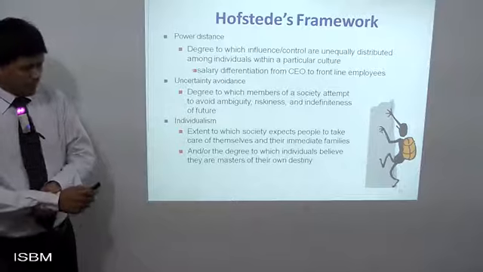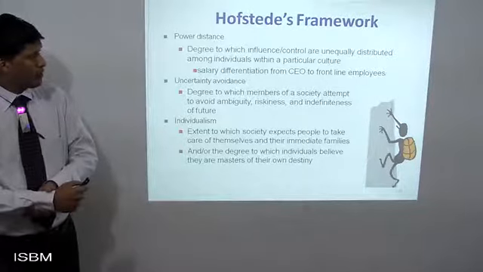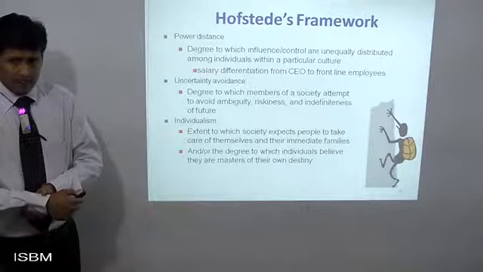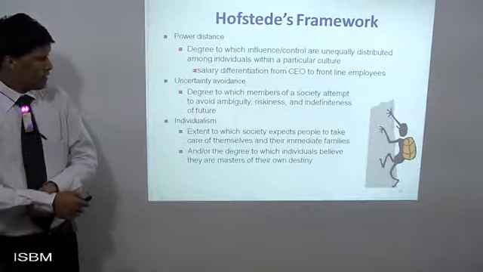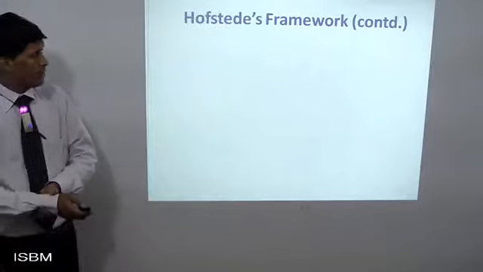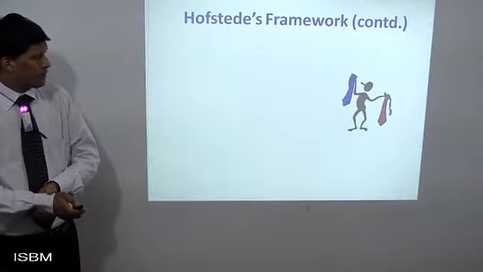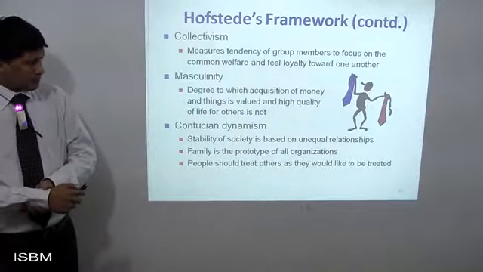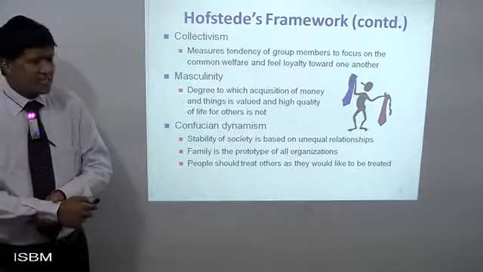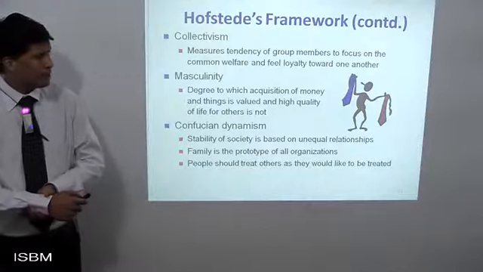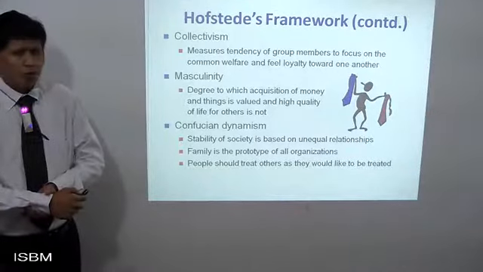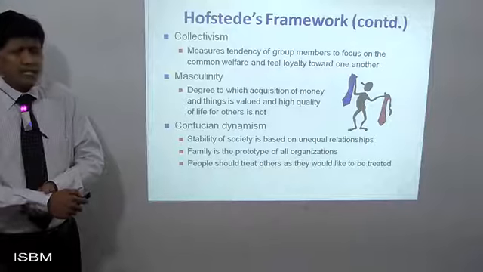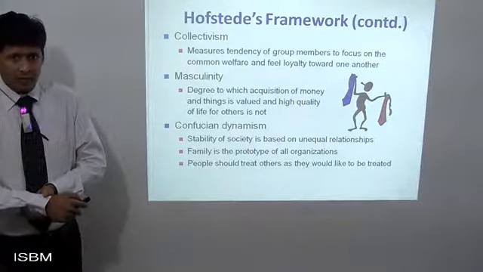So when we speak of frameworks, Hofstede's framework covers power distance, uncertainty avoidance, and individualism. The other factors are collectivism, which measures the tendency of group members to focus on common welfare and feel loyalty towards one another.